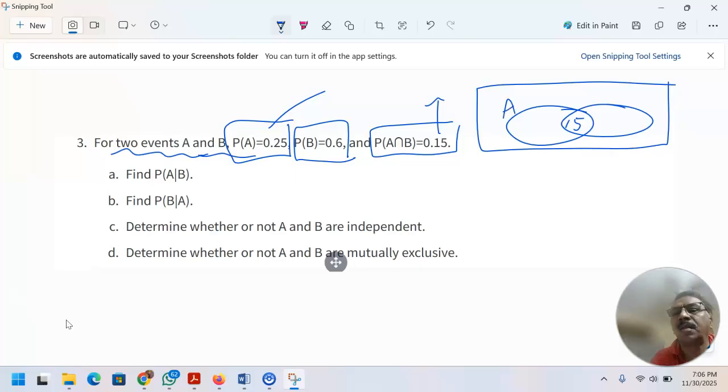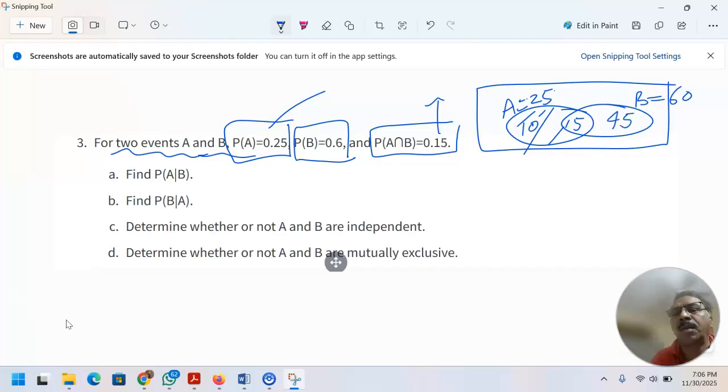This is event A and this is event B. There are 25 here out of 100, and B is like 60. So from 25, this piece will be 10, I think, 25 minus 15, and 60 minus 15 will be 45.